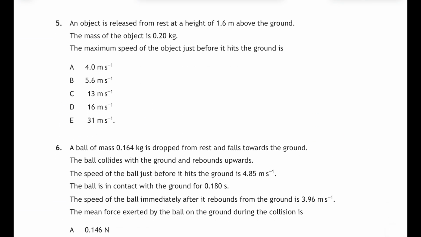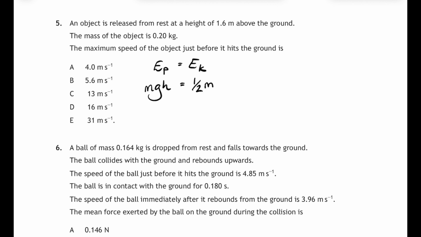Okay, question 5. An object is released from rest at a height of 1.6 metres above the ground. The mass of the object is 0.2 kilograms, and we have to determine the maximum speed of the object just before it hits the ground. Well, this is an energy question. The object will have gravitational potential energy when it's up high, and that will change into kinetic energy as it falls.